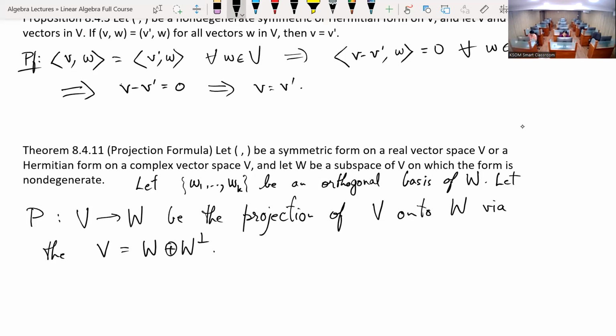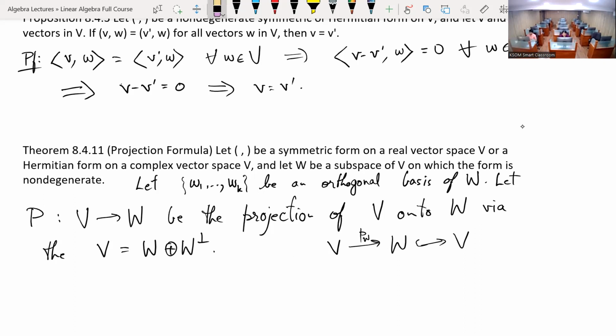Once you write it down, you know what this projection is. P is basically the map from V equals W plus W perp, where you have a projection onto W, call it PW, and then the inclusion of W in V, call it IW.